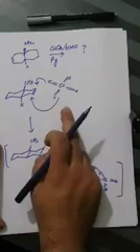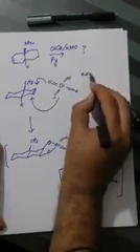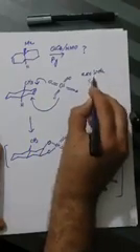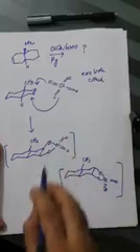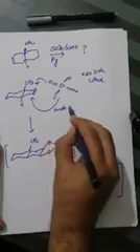When osmium tetroxide approaches from the upper side, this is called exo-side attack, and when it approaches from the lower face, it is called endo-side attack.